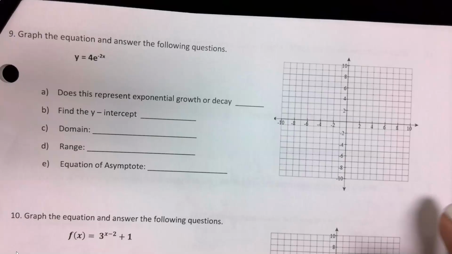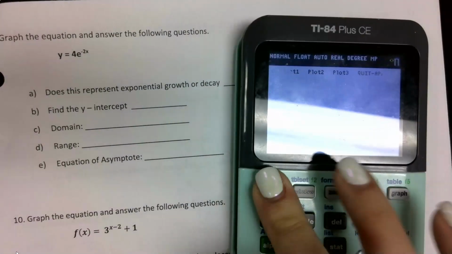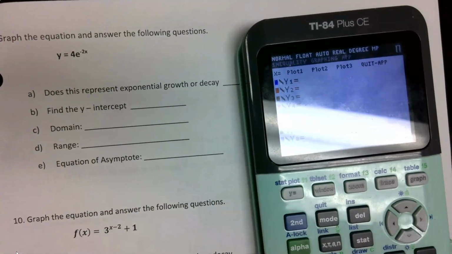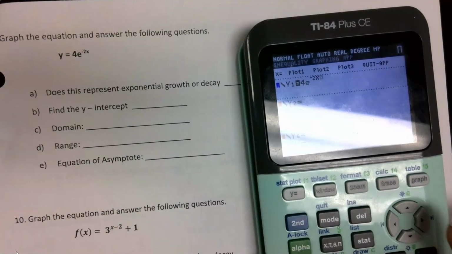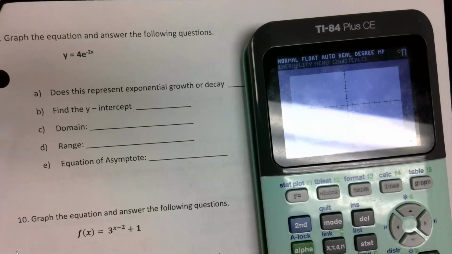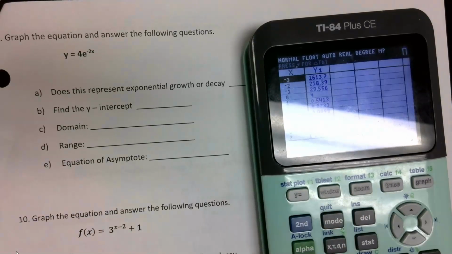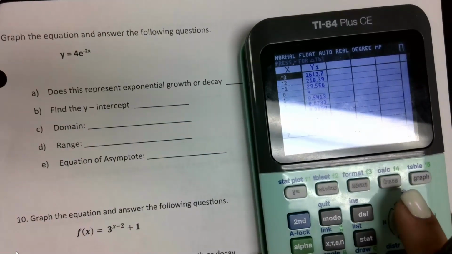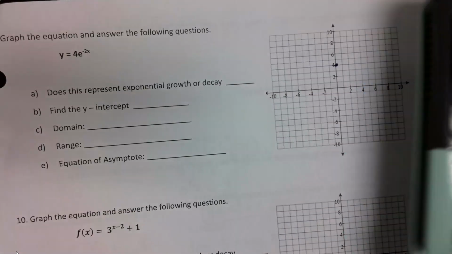Okay, this one wants me to graph the equations and answer the following questions, so I'm just going to graph this on my calculator. I have 4e to the negative 2x. To get my actual values, I go second graph to get my points. I'm just going to do 0, 4 because I need to know my y-intercept.